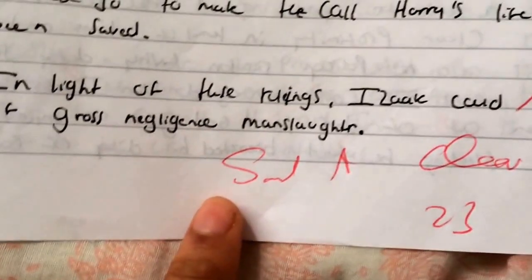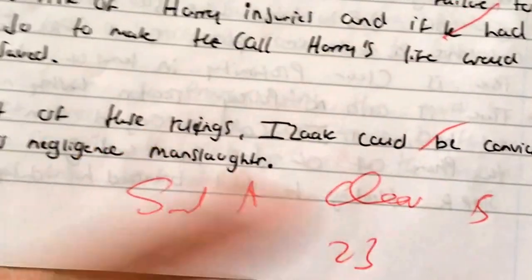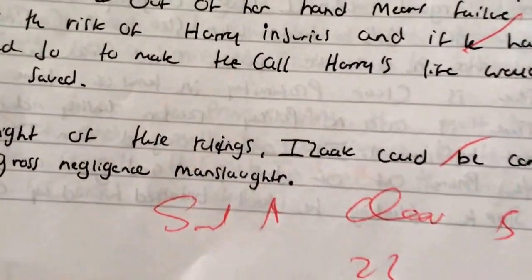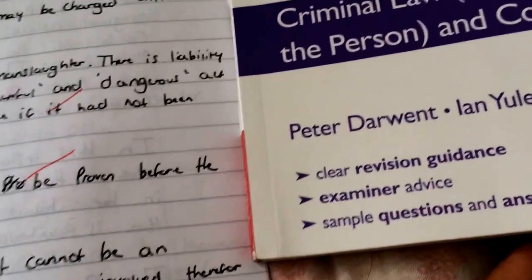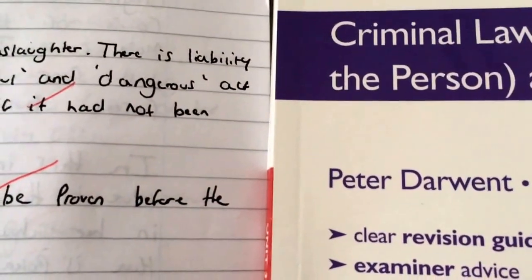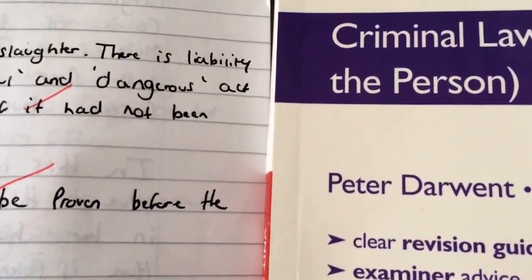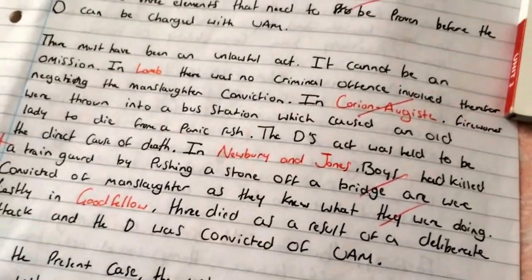I got sound A for the first part, which is the UAM, and the second part was GNM. So 23 out of 25, 2 marks off. Still really good, and so this answer is proven to be sound, and this answer was marked by the guy that writes these books, so there's nothing really wrong about it, and there's nothing really that you can add.